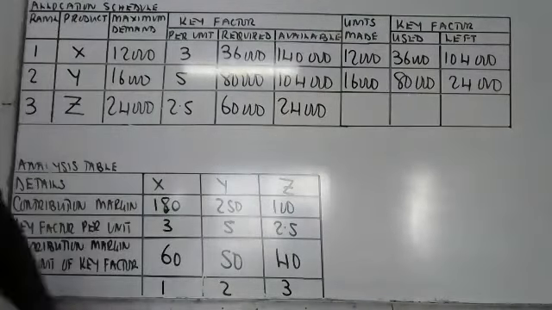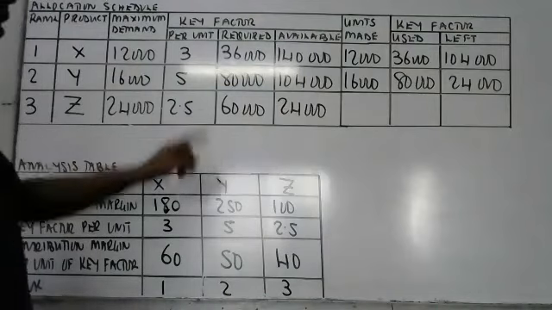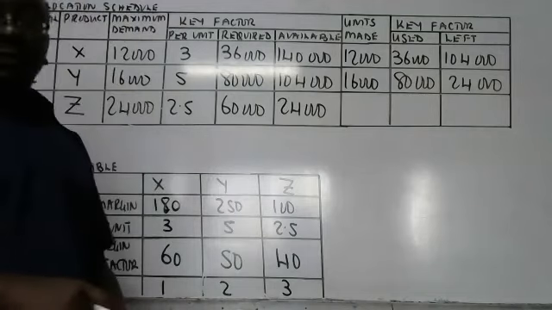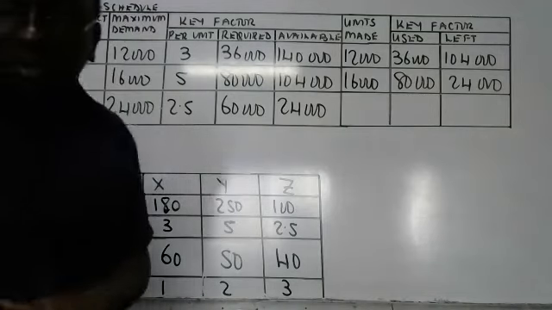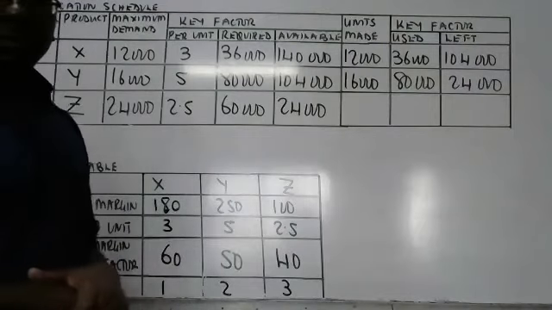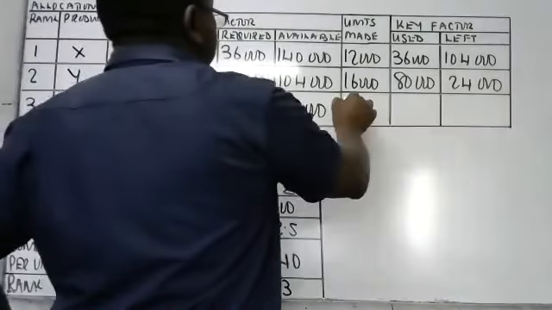So this 24,000 can be enough to do how many? 24,000 divided by 2.5 is 9,600.